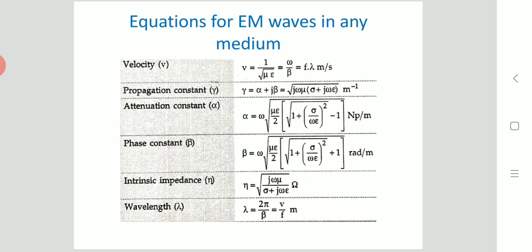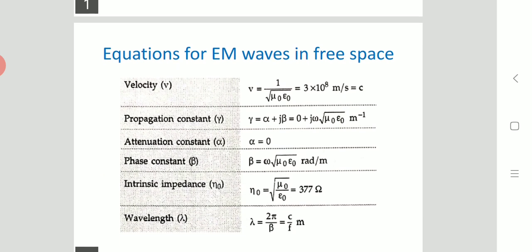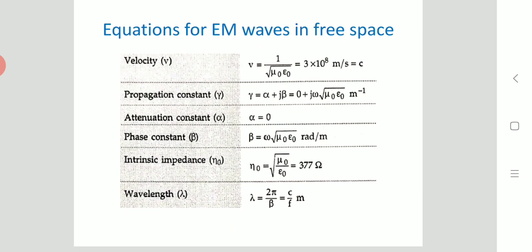Now suppose you want to know the equations for EM waves in free space. For velocity, v is equal to 1 by root of mu naught epsilon naught, equal to 3 into 10 raised to 8 meter per second, that is equal to c.